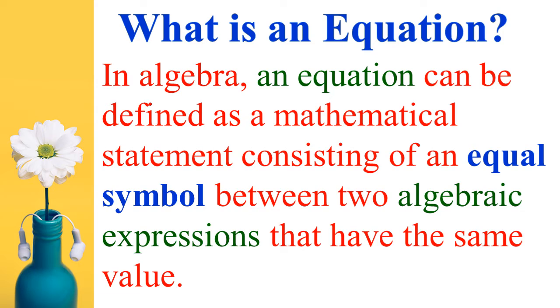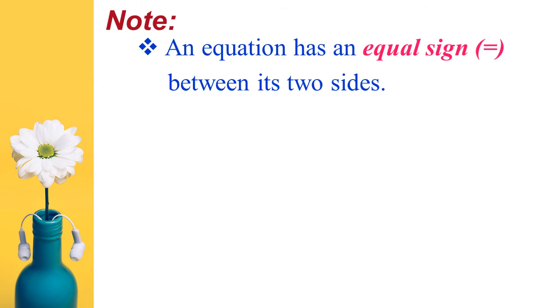So again I tell, in algebra, an equation can be defined as a mathematical statement consisting of an equal symbol between two algebraic expressions that have the same value. We already know an equation has an equal sign between its two sides.